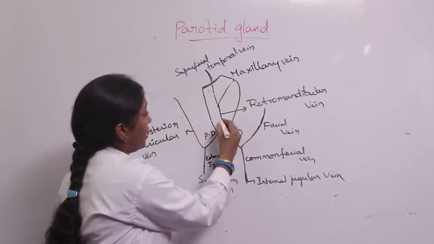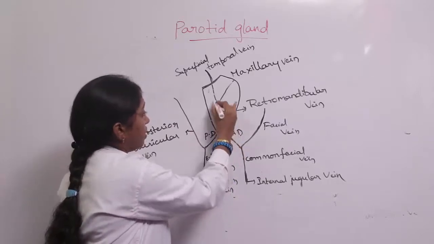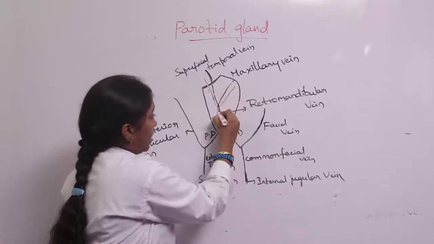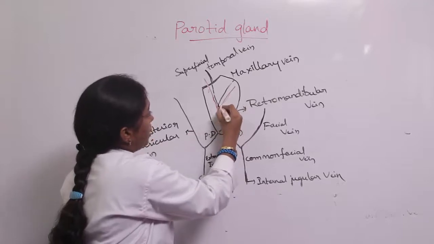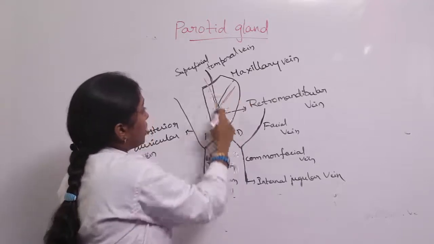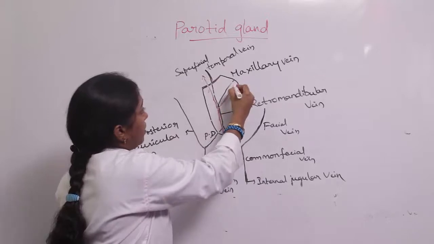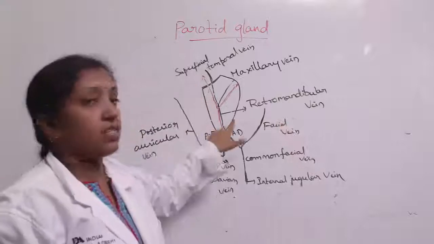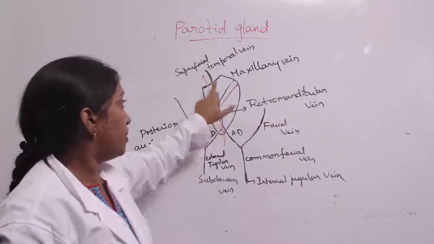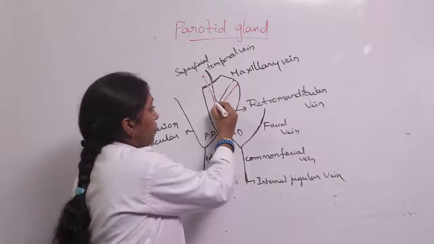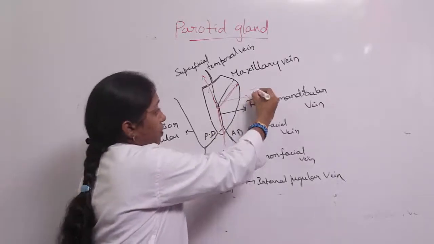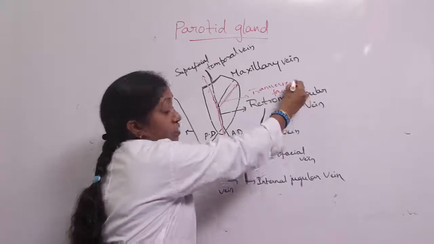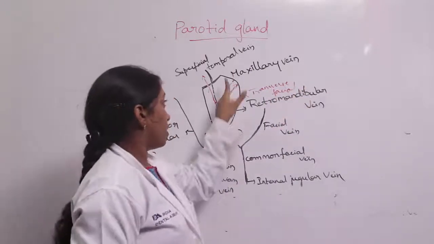The external carotid artery enters the gland, and it divides into the superficial temporal artery and the maxillary artery. These are the two terminal branches of the external carotid artery. From the superficial temporal, one artery arises, the transverse facial artery, which emerges from the anterior border of the parotid gland.